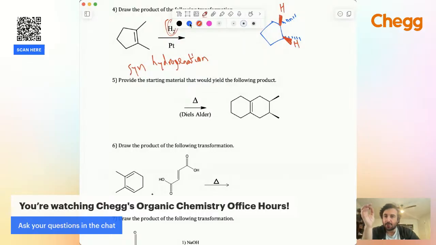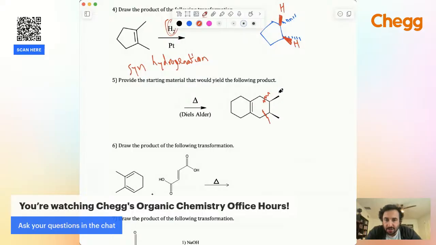Okay. And so the ring that formed must be this one, the one on the right, because it's got the pi bond in it. So it can't be this one over here. We've got to have it be this one. And so let's break these. And so if we do that, let's go backwards with these.